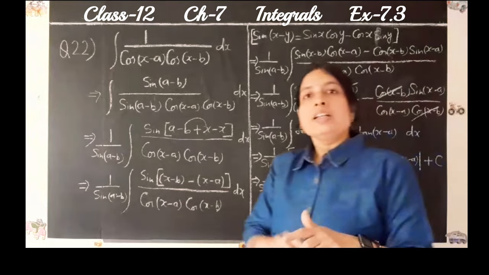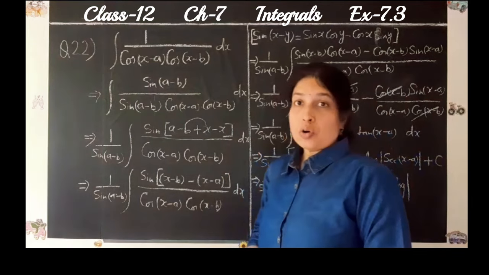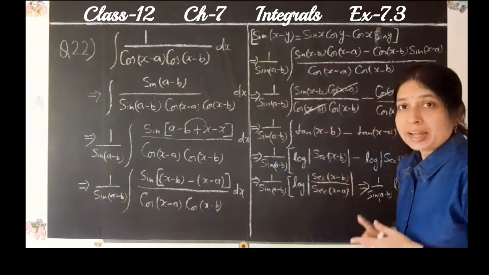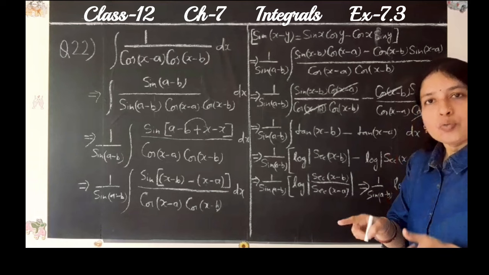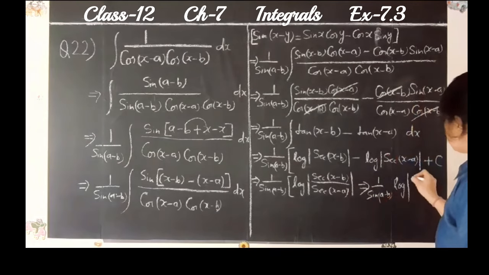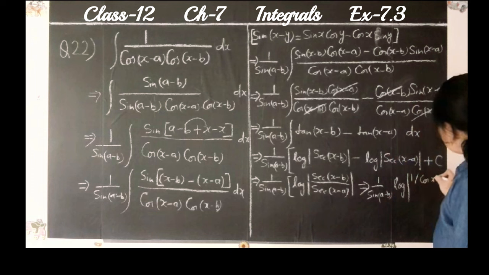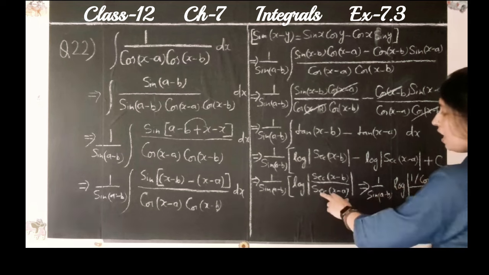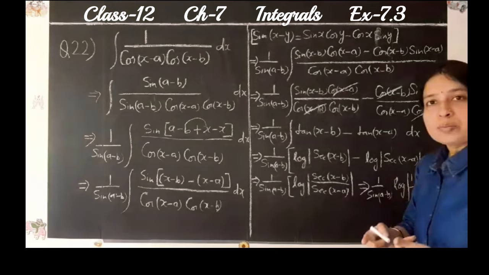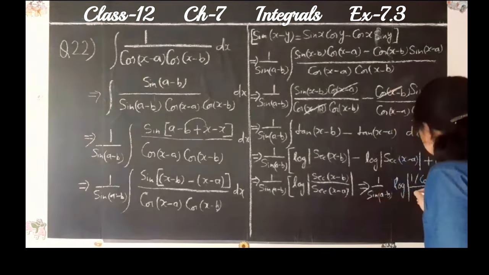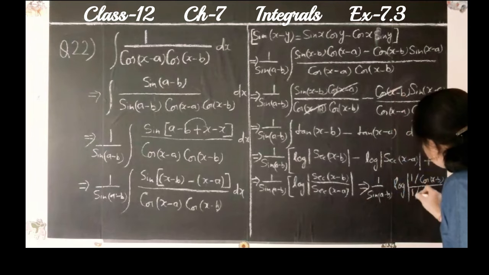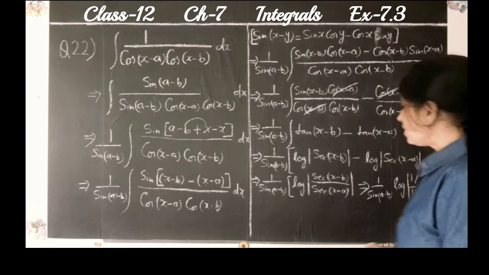So we know that sec x is equal to 1 by cos x. So in place of sec(x minus b), we can write 1 by cos(x minus b). So write here 1 divided by cos(x minus b), which is also divided by, here also sec(x minus a). So it will be 1 by cos(x minus a), plus write constant c.